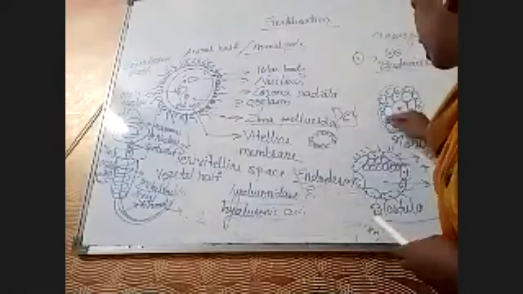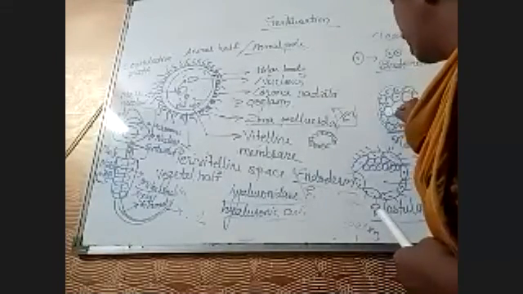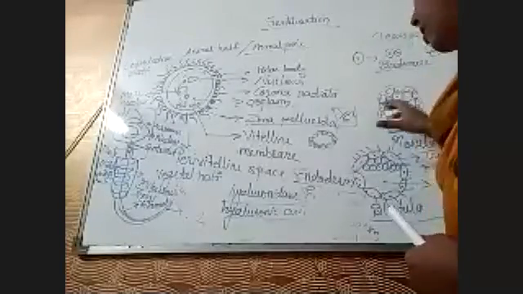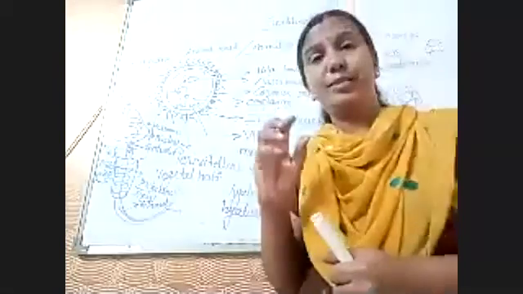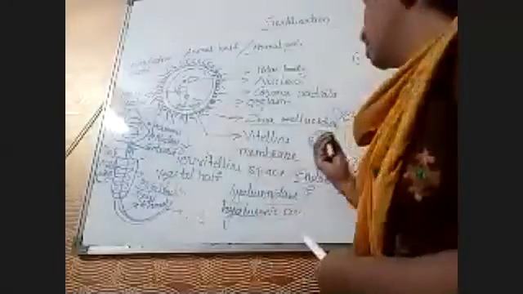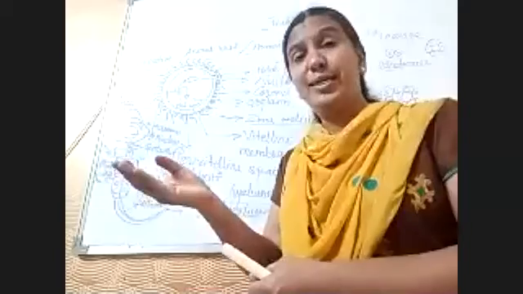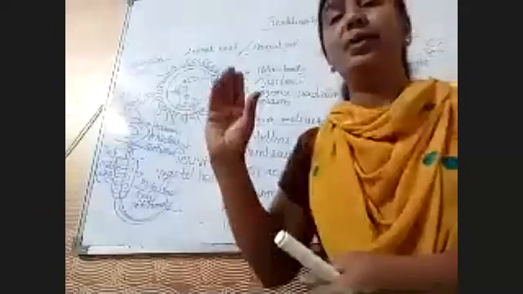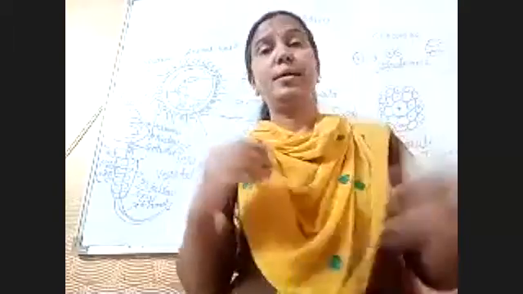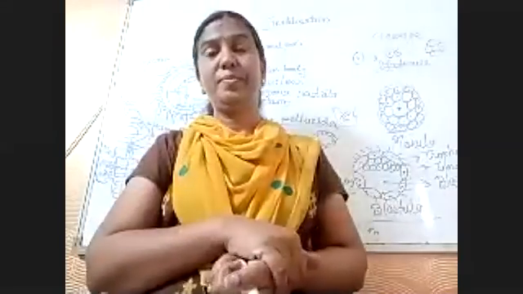These 32 cells will arrange like this, with the larger one coming in the center, and they will form a solid mass. That solid mass is called the morula. The first cleavage and second cleavage take place in the fallopian tube. From the third cleavage, they start to move towards the uterus, and by the time of morula formation, they will have reached the uterus. Okay?